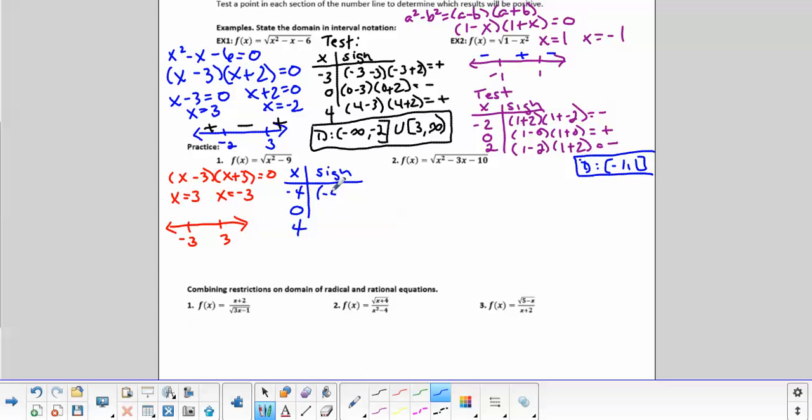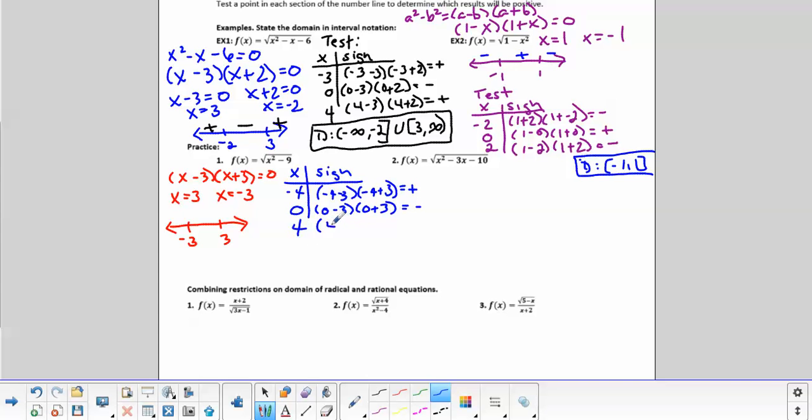So negative 4 minus 3 and negative 4 plus 3. That's a negative times a negative, which is a positive. 0 minus 3, 0 plus 3. Negative times positive is negative.